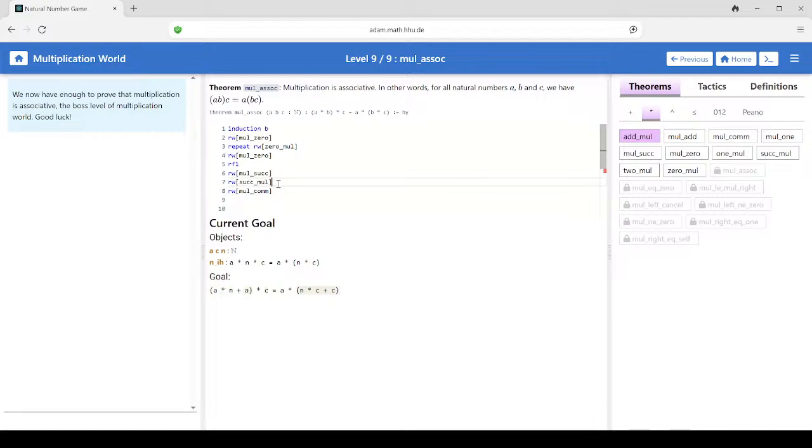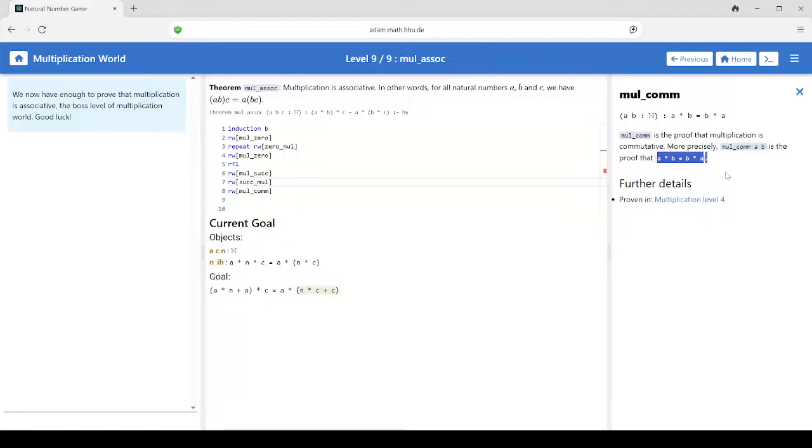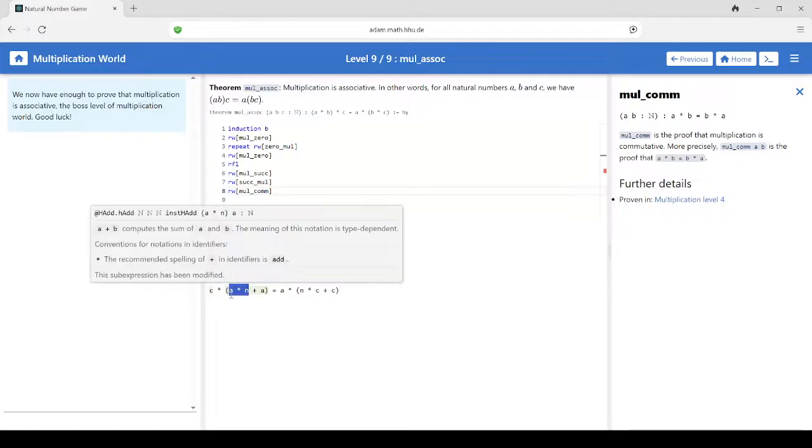No, that's not what I meant to do. I want to switch a and n around, which... But it's putting c at the beginning, whereas I thought maybe I could switch these two around. But shouldn't I be able to?